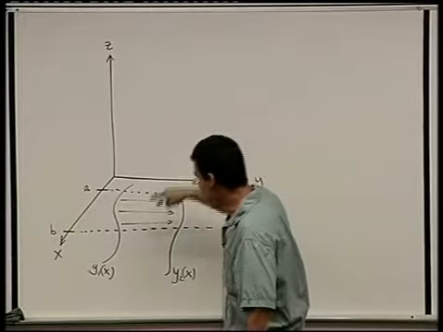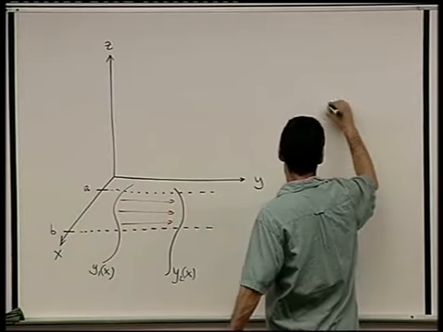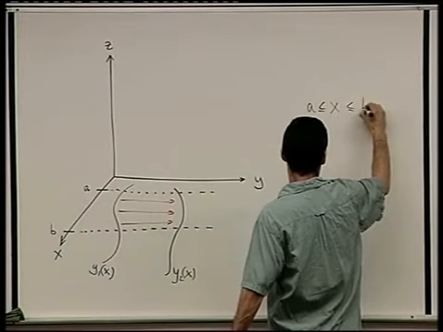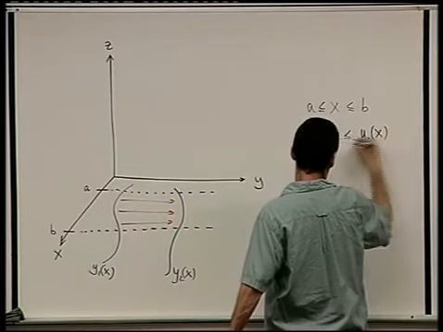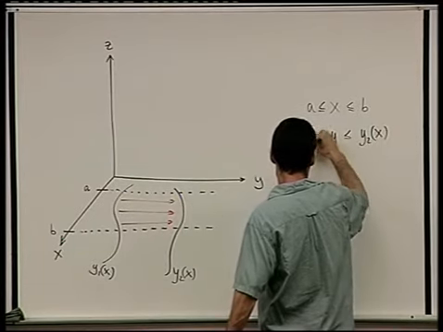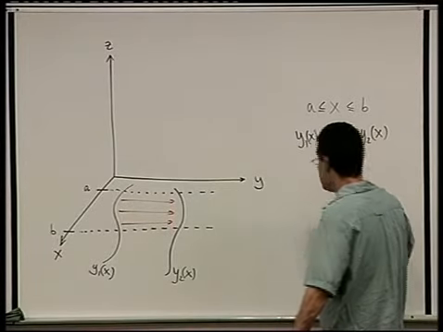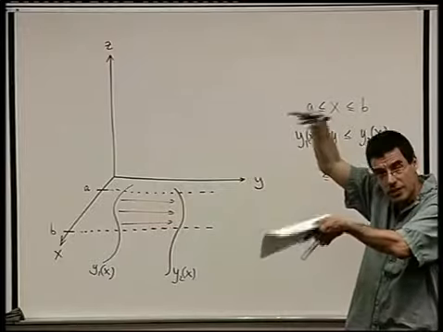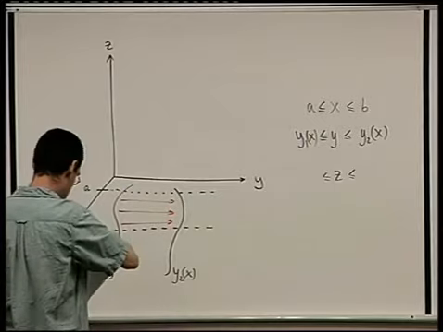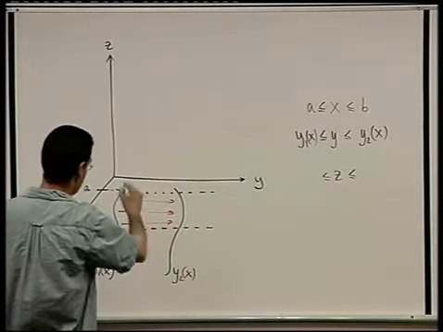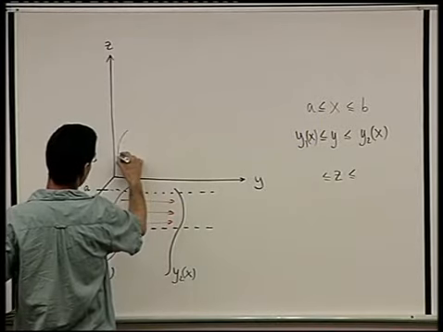Now, for every xy, remember, x is between a and b, and y is between y1 of x and y2 of x. And for every x and y, z is going to be between two functions of x and y. So there's going to be some function above this domain.